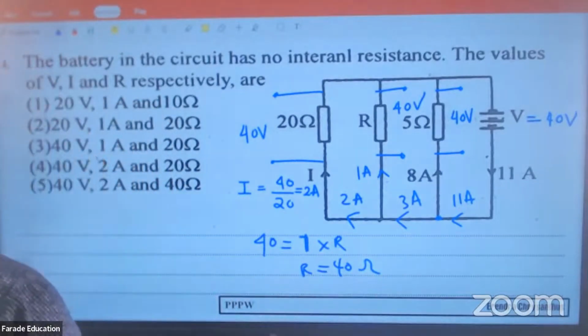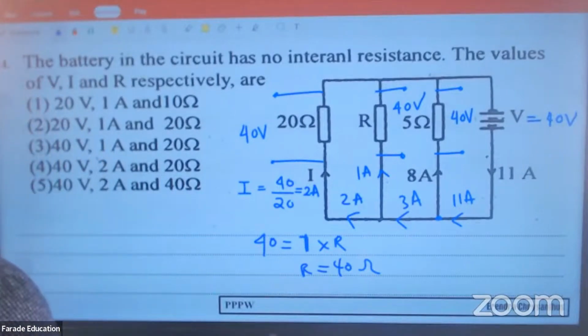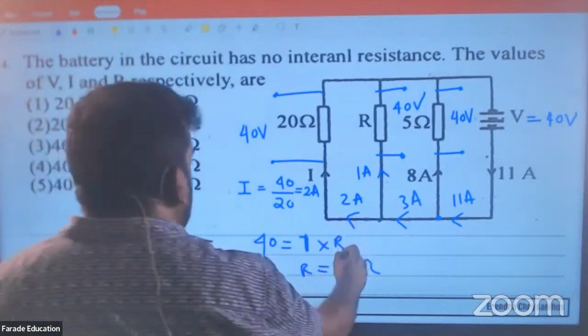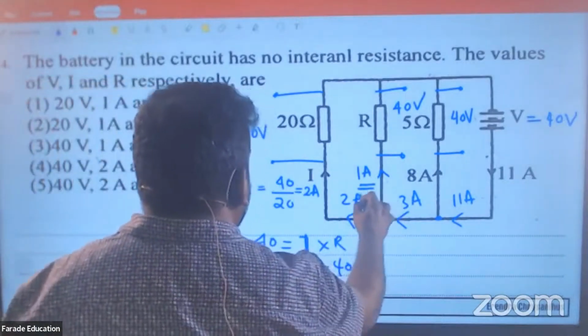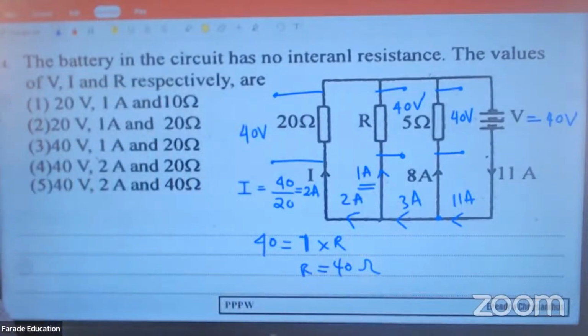The EMF is 40 volt, with currents of 2 ampere, 1 ampere and 1 ampere. Resistance is 40. The answer is number 5.